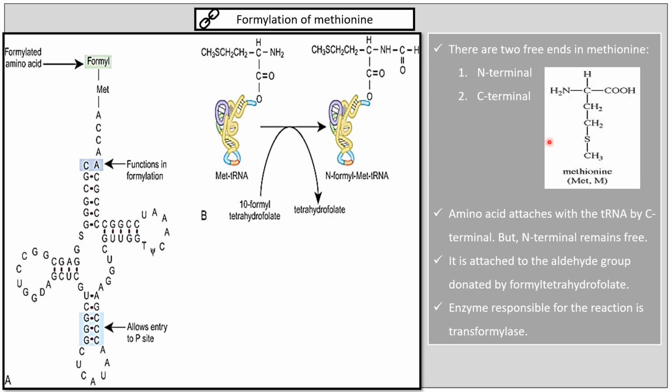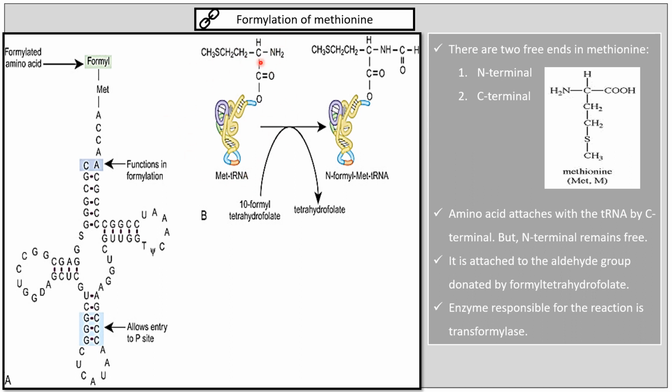See, here you can see the methionine structure. This is the C terminal of the methionine and this is the N terminal of methionine. Now, it is attached with this initiating tRNA molecule. So, this is the tRNA molecule and this is the methionine amino acid attached with it through the C terminal. Okay, so this is met tRNA, we can say.